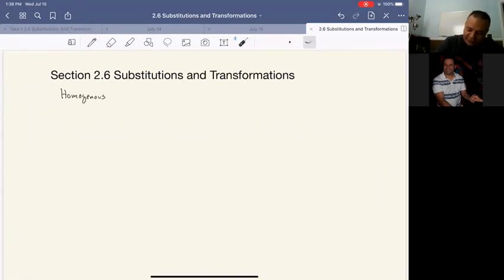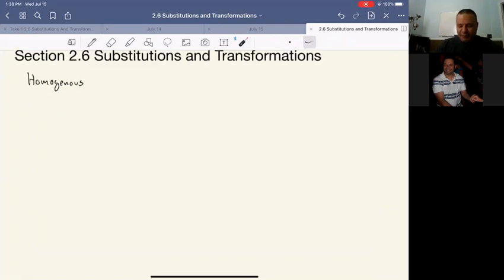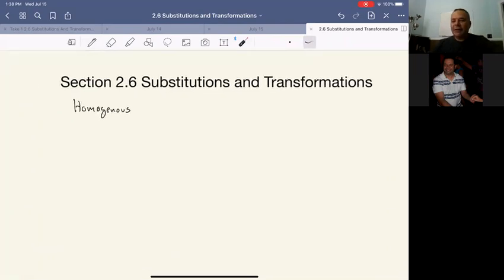I'm a little conflicted with this word homogeneous, not just on how to pronounce it, but also in that we use it for more than one thing, even particularly in a differential equations class.